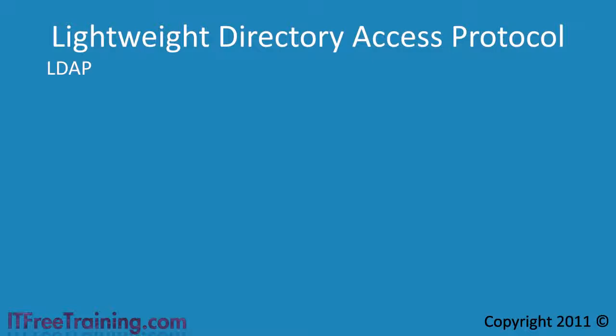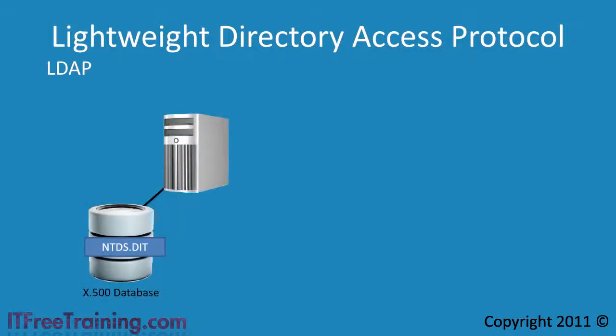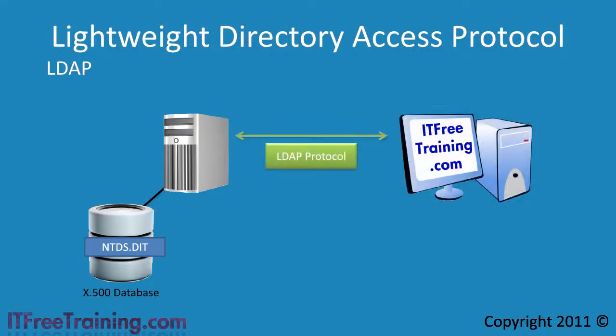So essentially, you have two systems. The first is the Active Directory database based on the X500 standard, which contains all the Active Directory objects. Remember, this is essentially the ntds.dit file. The second is LDAP, which allows you to access the database.